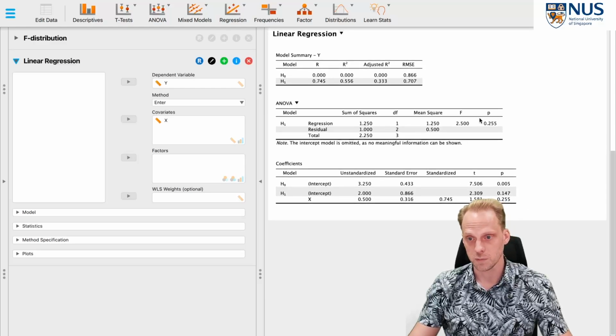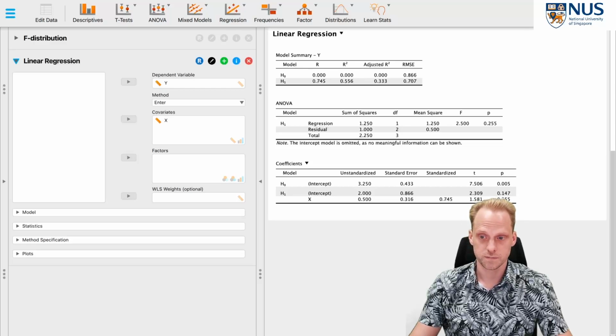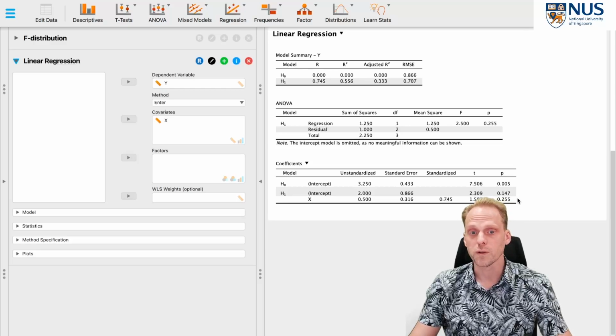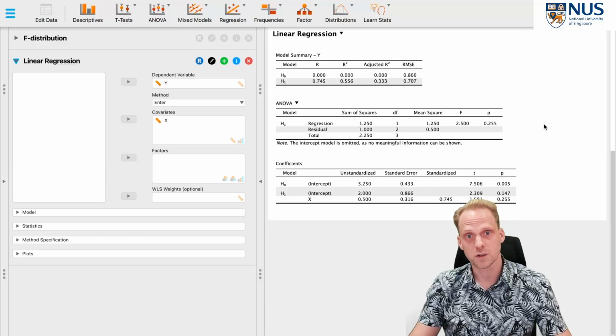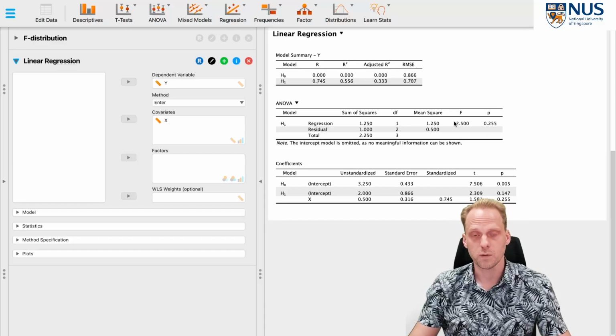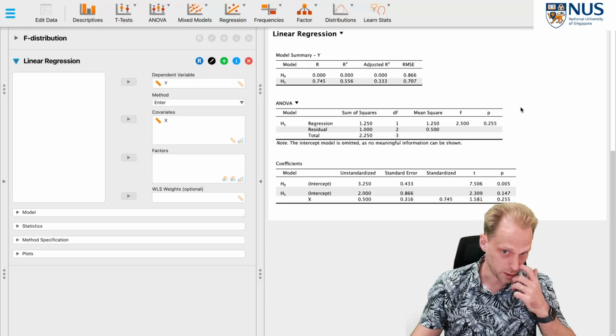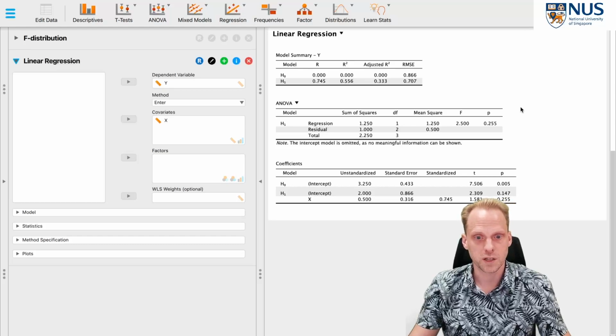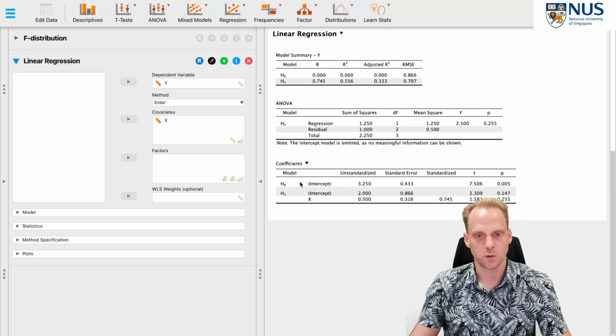Now note here that the p-value of this is exactly the same as the p-value of this regression coefficient. That's because we only have one regression coefficient. But if we would have multiple regression coefficients, then the F value would tell us something about how much variance is explained by the regression model in total, compared to a model with only an intercept, which in this case is called H0.